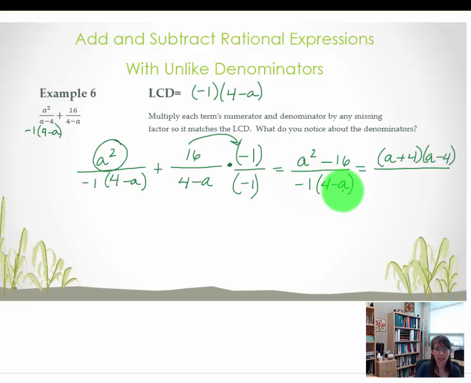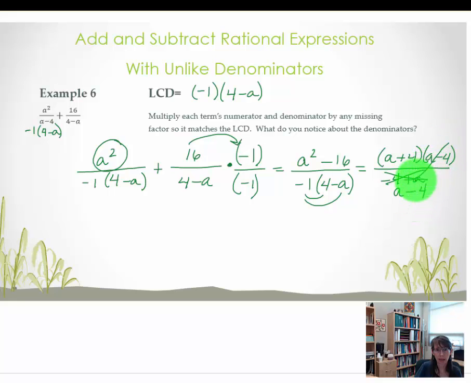Now when I rewrite the denominator, I'm going to distribute that negative 1 so that I can look for an opportunity to reduce. That would give me negative 4 plus a. Well, that's the same thing as a minus 4. So it might be a better way to write that denominator.